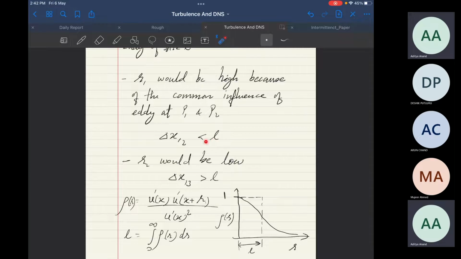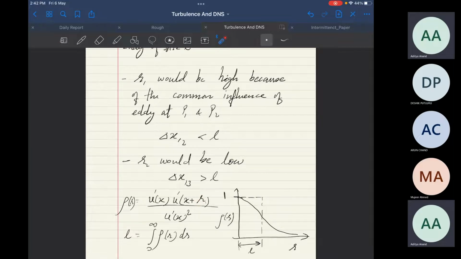Okay, so how do we get an estimate for this size of the eddy? What we do is we plot the autocorrelation coefficient as a function of the separation between these two points. So we take the correlation of velocity u at point x and the velocity u at point x plus r.